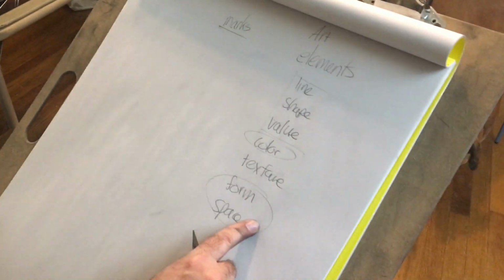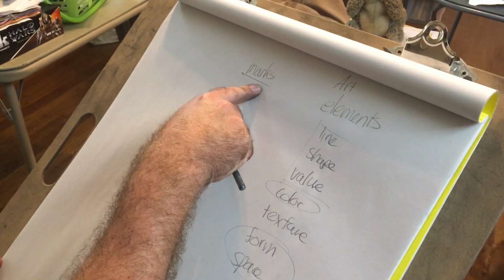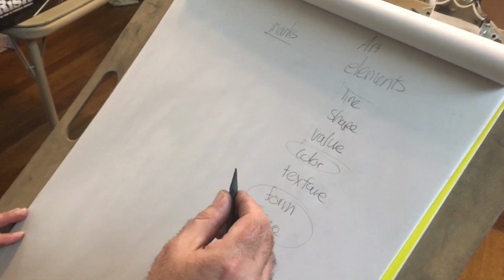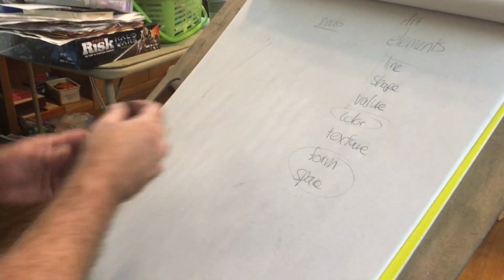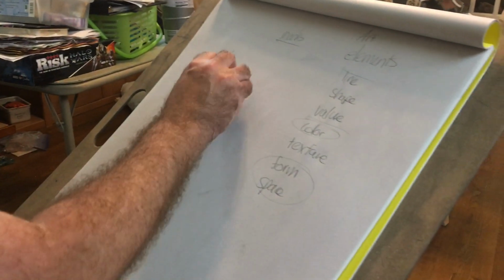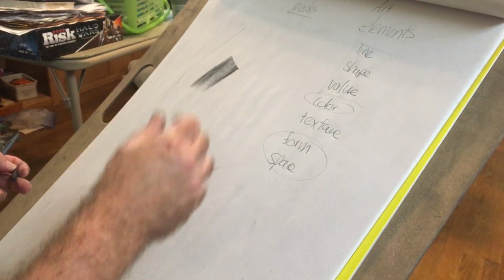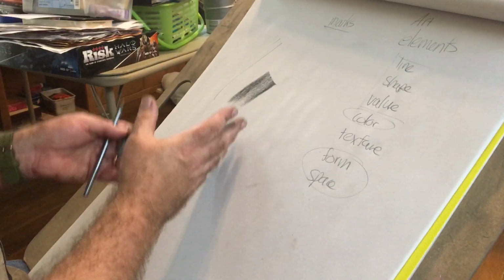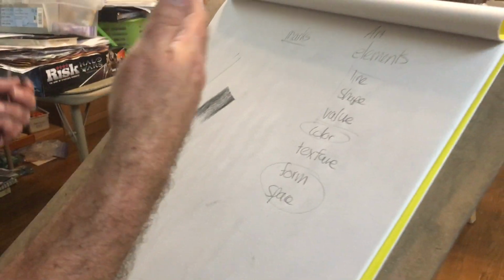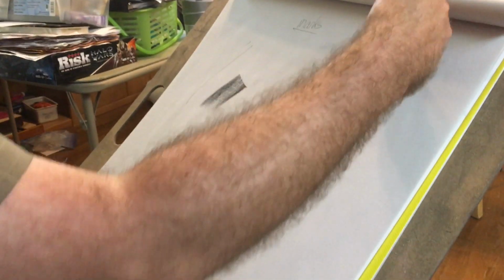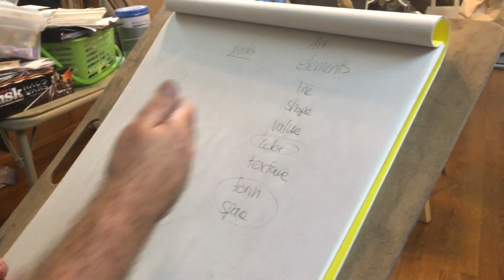If these are the elements, then marks are, in some ways, almost like subatomic particles. Marks are the things that make all these things, because a mark on a page can be a line, but a mark can also be a shape, right? And marks can vary. They can create value. They can be dark in value, but they can be light in value. Marks can create color. All of these things here are created by marks.